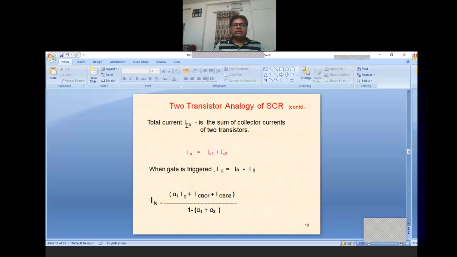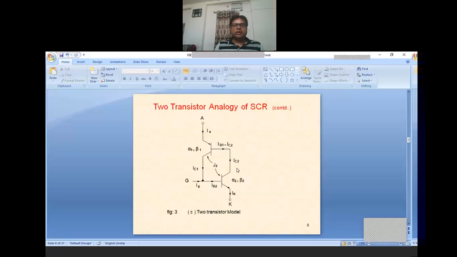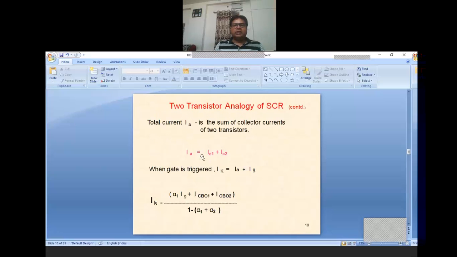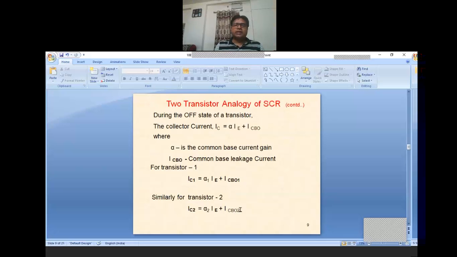Then total current IA is the sum of collector currents of the two transistors. Thus, cumulative action will be established. IA is equal to IC1 plus IC2. And once IA increases, again the base current of transistor T2 increases, IC2 increases, and again the total anode current increases. Likewise, cumulative action goes on.